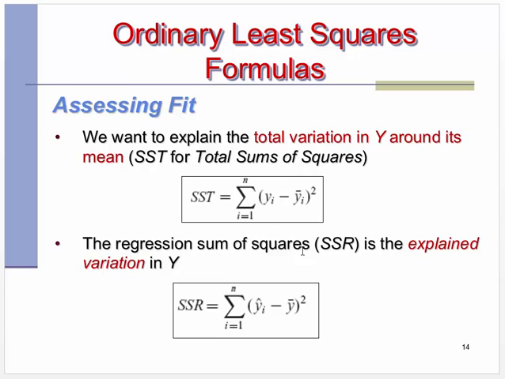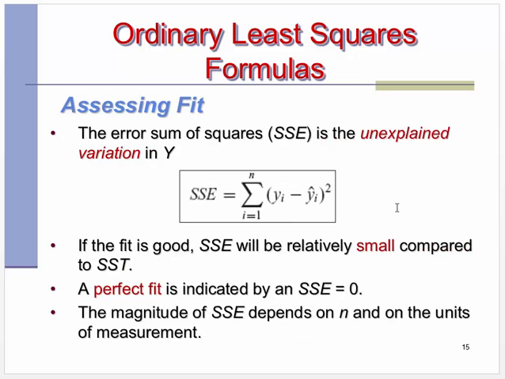The regression sum of squares, SSR, is the explained variation: the predicted value from the regression minus y bar, squared. This is the variation that's explained or predicted by our regression model. Of course, there is the unexplained variation in y, the error sum of squares, SSE, which is the sum of yi minus y hat squared.